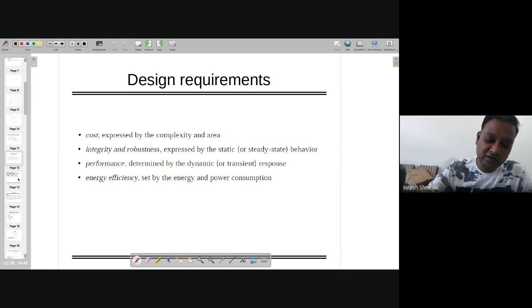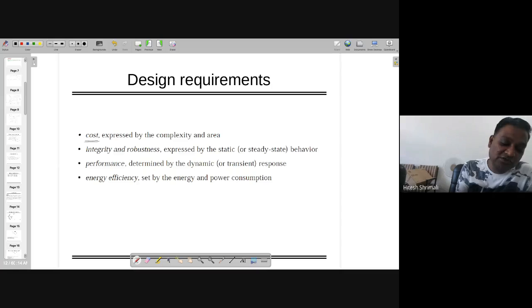Now let's look at the requirements of our design when we are making any hardware or any digital circuits which are going to be made with CMOS technology. We are very much concerned about the cost. Cost is associated with the area. If you use more and more area, you have to pay more. So you have to make sure that you are making a compact design which has lower area.